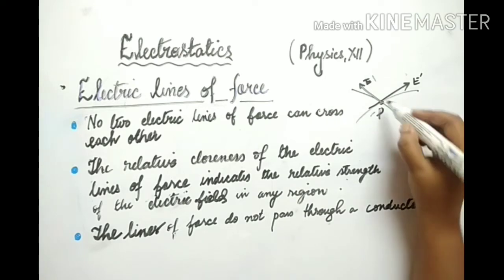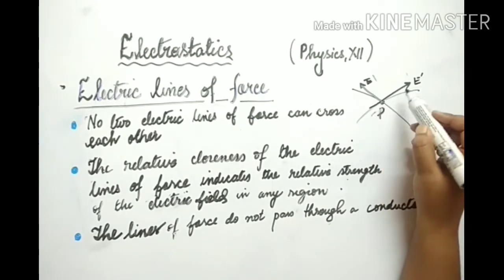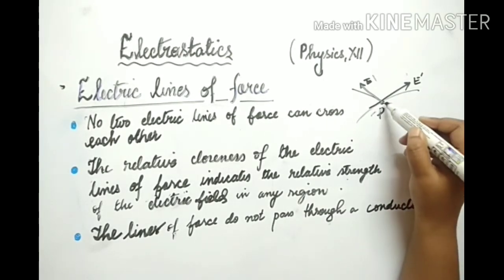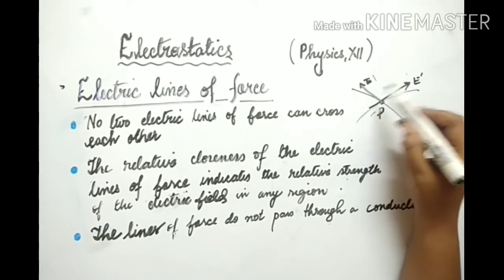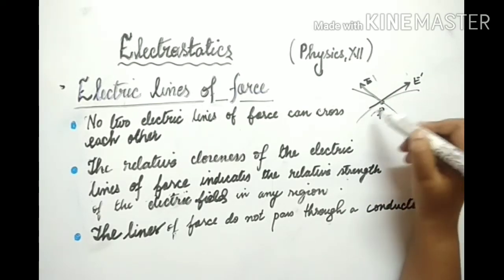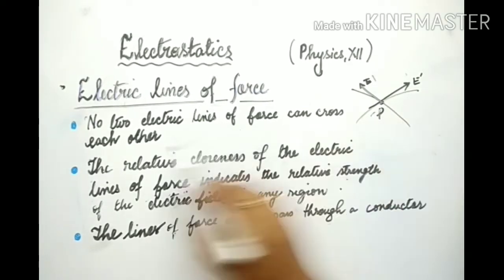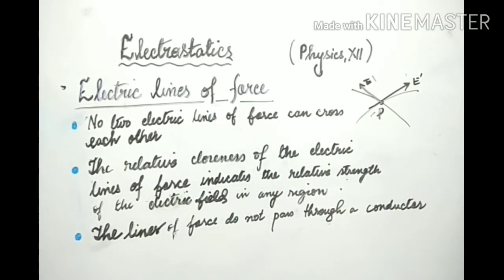So now you see from a single point you have two directions of electric field. At a particular point you cannot have two directions of electric field. We can have only one direction. So it is said that no two electric lines of force can cross each other.